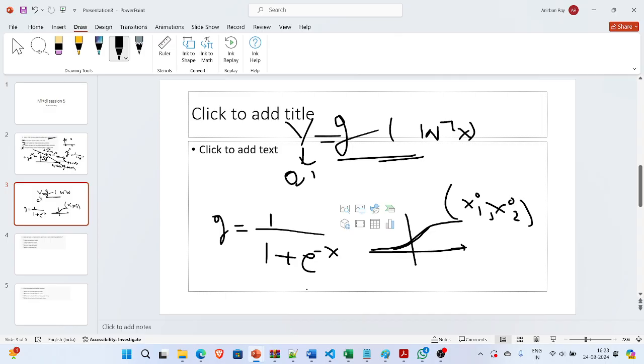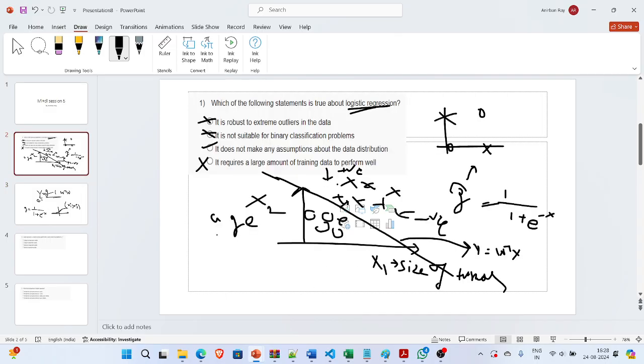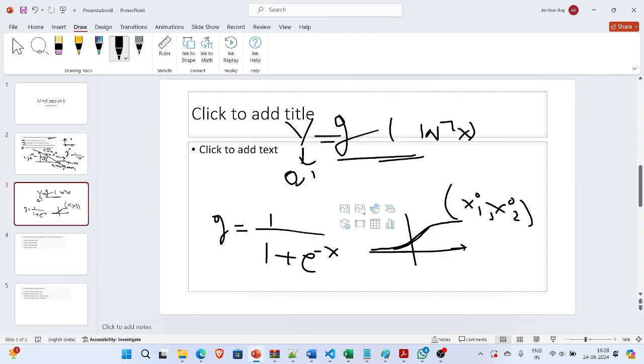Clear? Suppose w transpose x is greater than 0 here; if the point lies on the right side, it is greater than 0. At x equals 0, the sigmoid is going to become half.